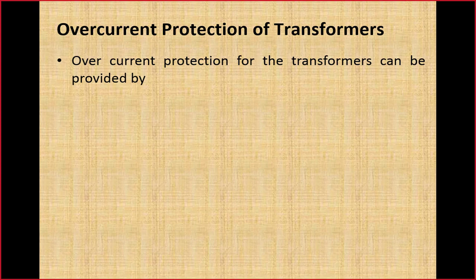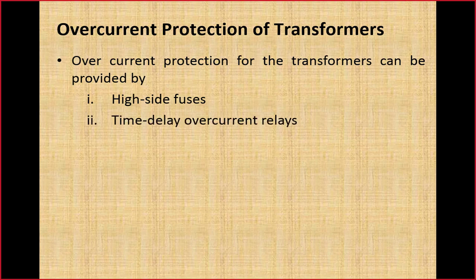Overcurrent protection for the transformer can be provided by fuses installed on the high voltage side, or with the help of time delay overcurrent relays, or we may use instantaneous overcurrent relays.